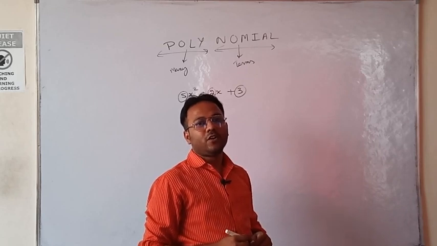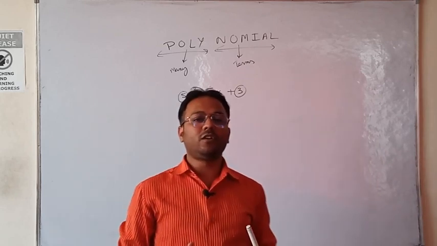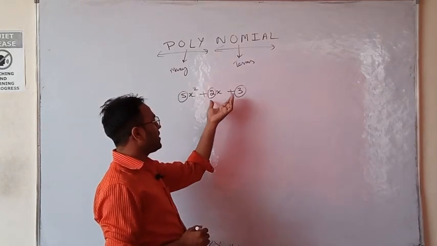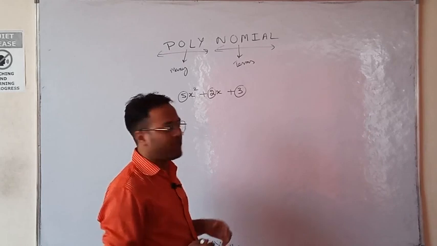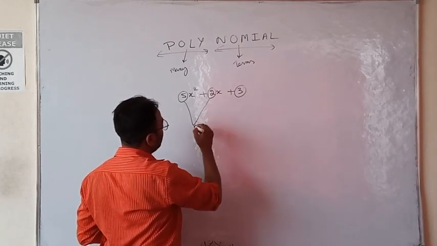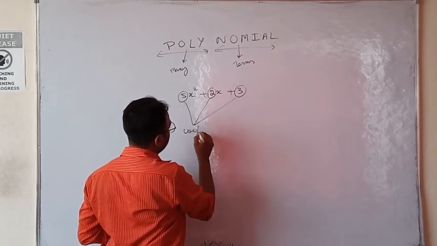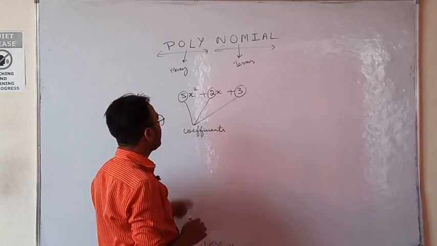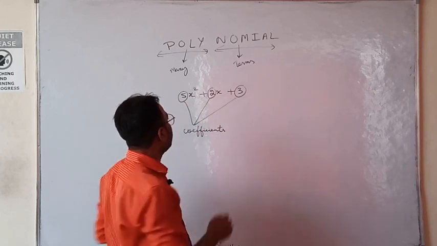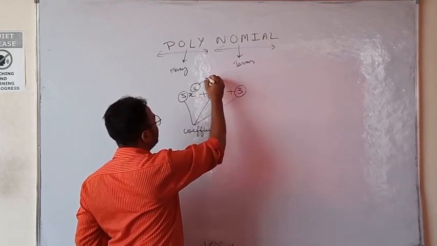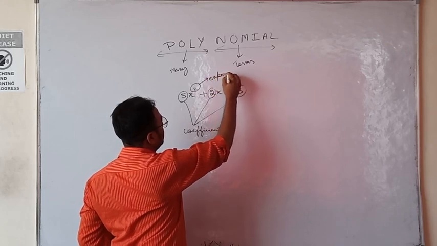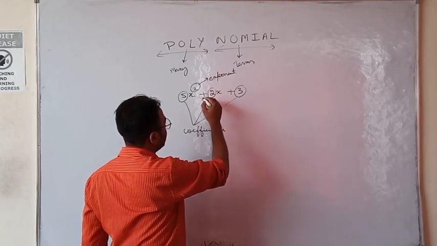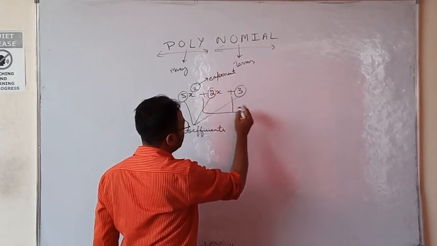What is a coefficient? Coefficients are the constants along with the variable. So these are called coefficients. X is the variable here. 2 is the exponent. Plus are the operators.